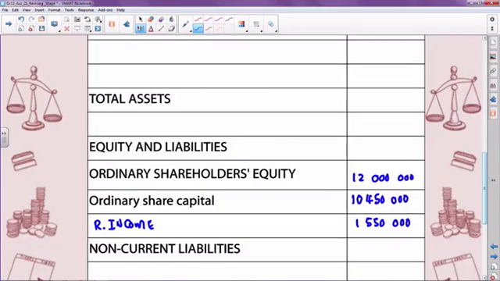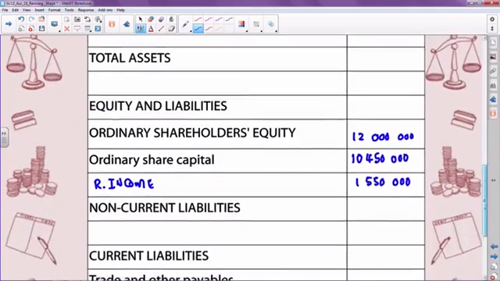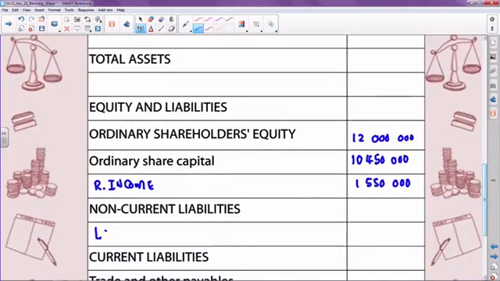Now, what I want you to see is you've worked out the ordinary share capital, so all that you do is you take the amount from where you've calculated it in your note, and you just insert it into the balance sheet. The same applies to your retained income. You've calculated the note, you've worked it out, you insert the figure into your balance sheet. Right, non-current liabilities, we know deals with our loan.